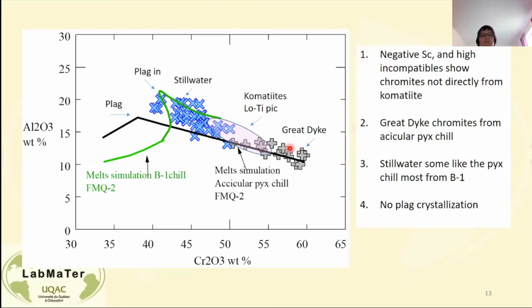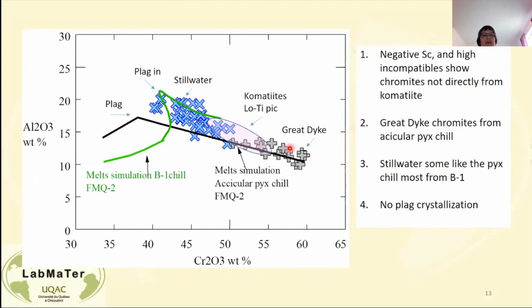So, what do we know so far? The negative scandium anomalies and high incompatible chromites show that we cannot crystallize these chromites directly from a Komatiite or a Boninite for that matter. What I decided to try and do here was look and see what we could do with the chill rocks.